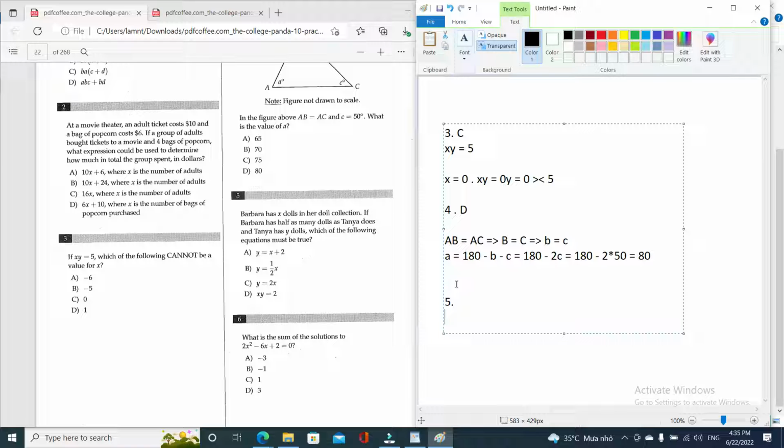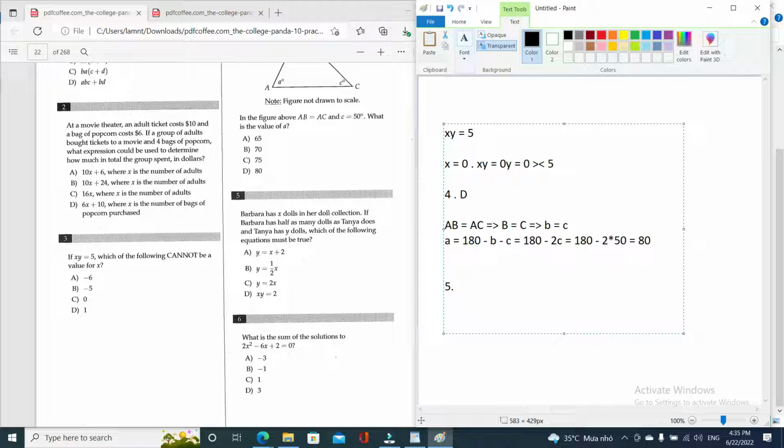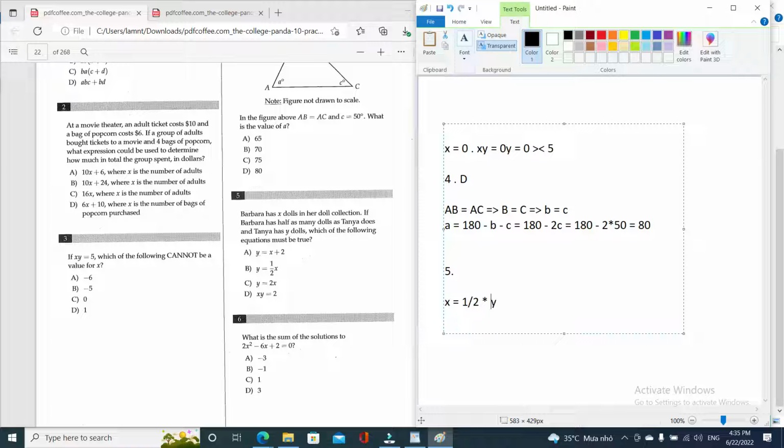Because Barbara has half as many, X is equal to half of Y, so that means Y is equal to 2X. So the answer should be C. Okay, number 6.